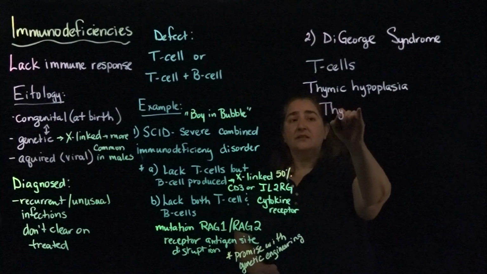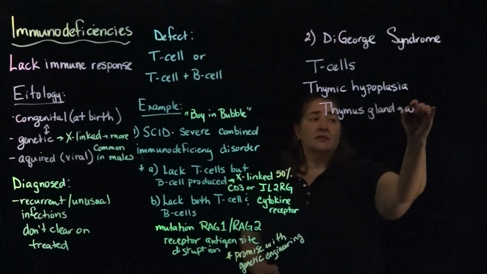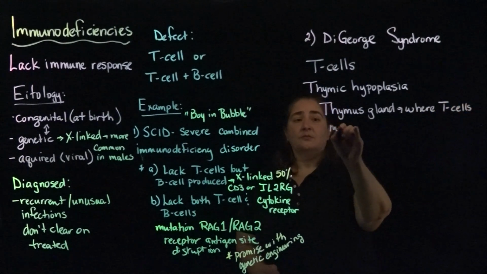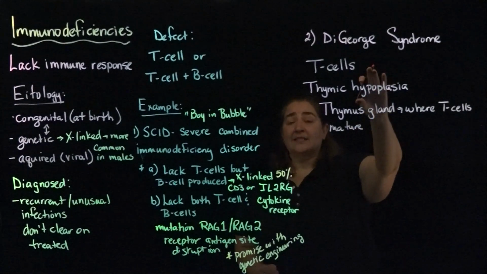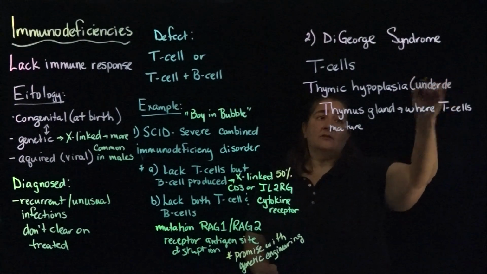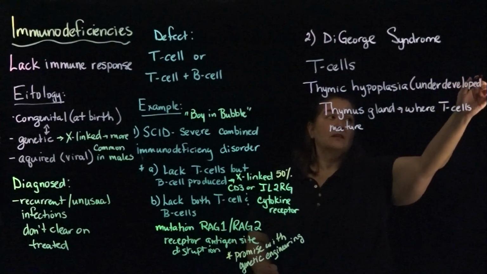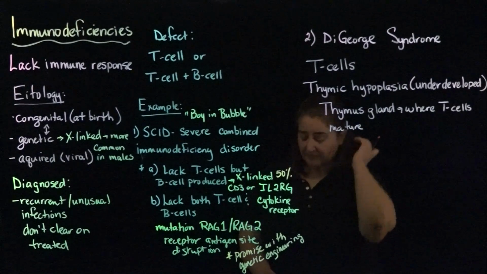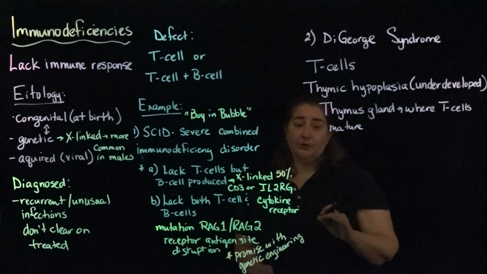So the thymus gland, if you remember, is where our T cells mature. If the individual doesn't have a thymus gland or has an underdeveloped thymus gland because of decreased cell division, those T cells are not going to develop properly, and you aren't going to get T cells produced, all right?